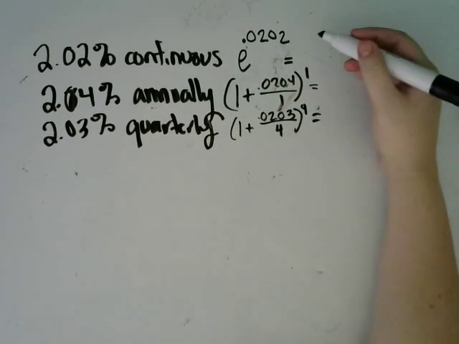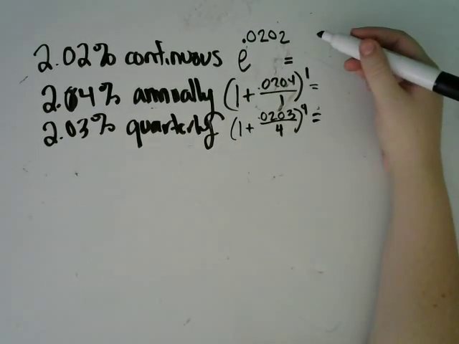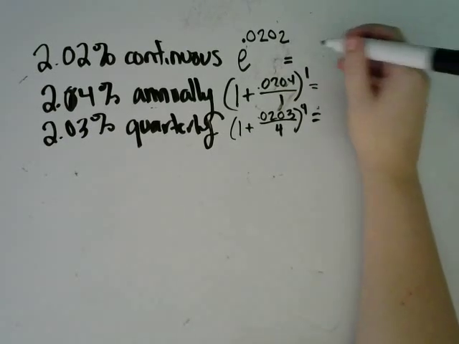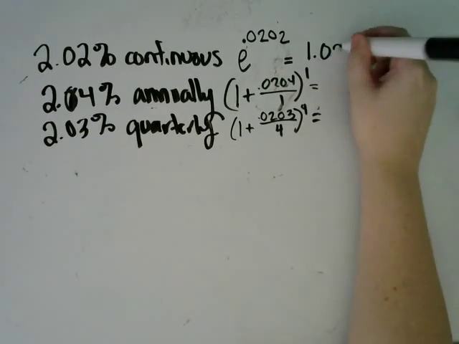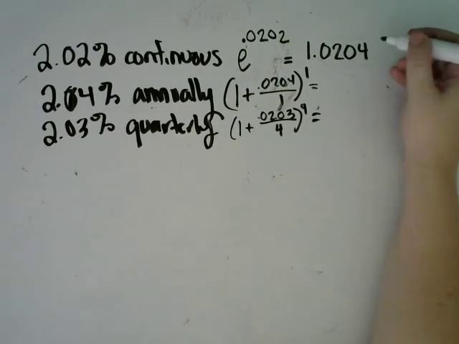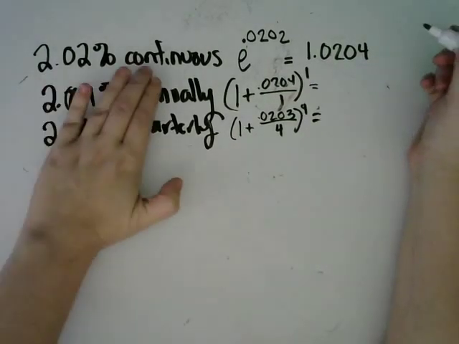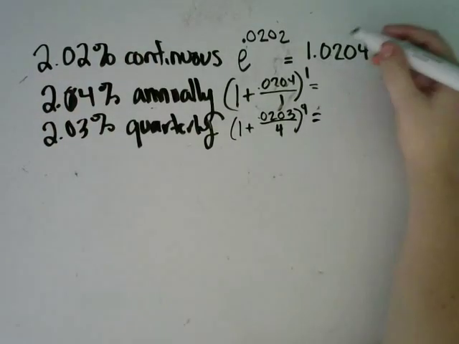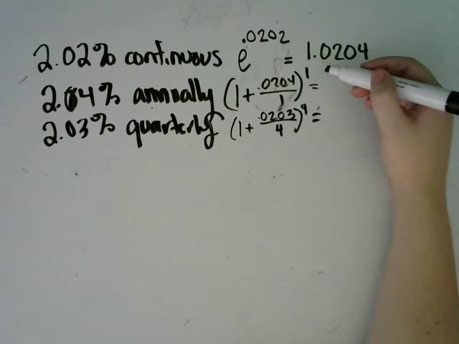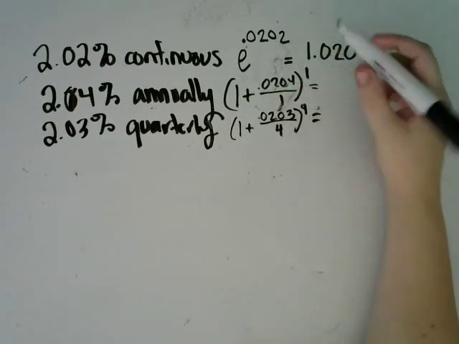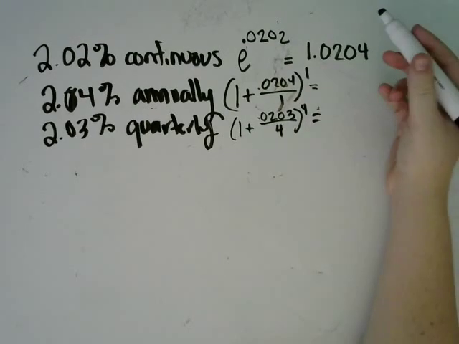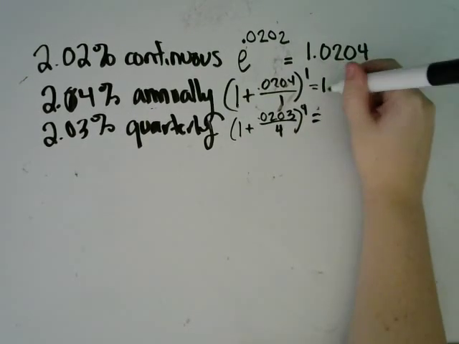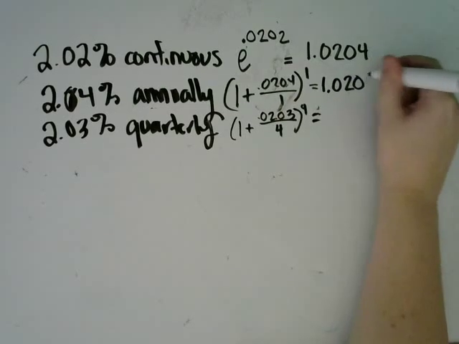Type each of these expressions into your calculator to estimate the effective interest rates. So for the first one, we have 1.0204. So this 2.02% continuous becomes 2.04% effective. Then we type this one into our calculator, and as you can see, to the first power and divide by 1 isn't going to do a whole lot. This is also 1.0204.